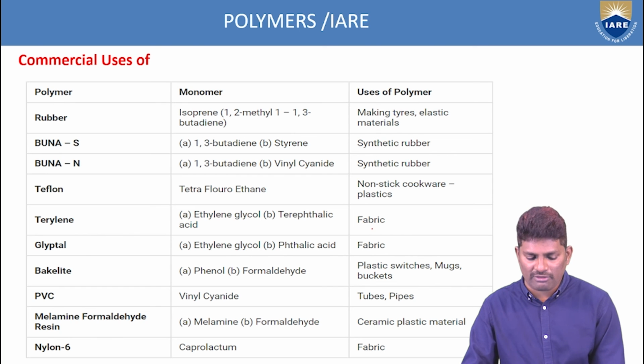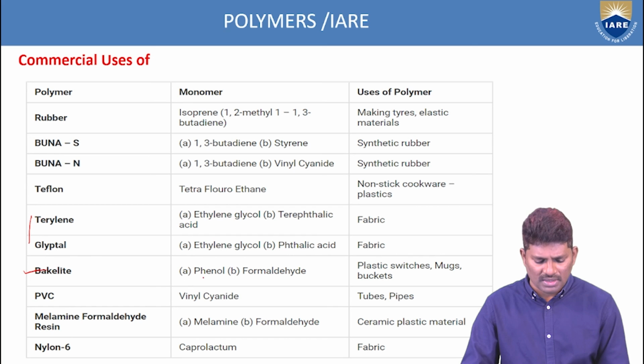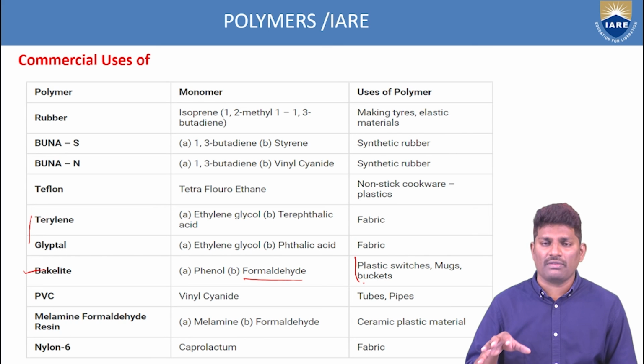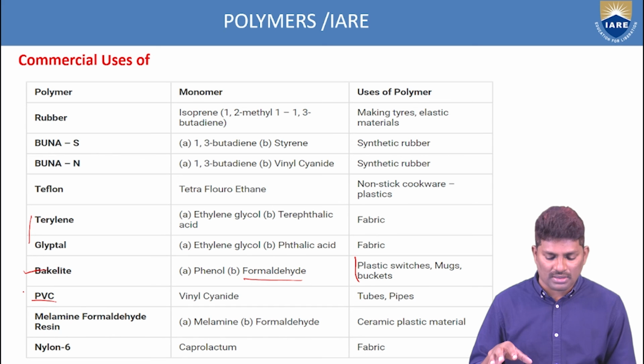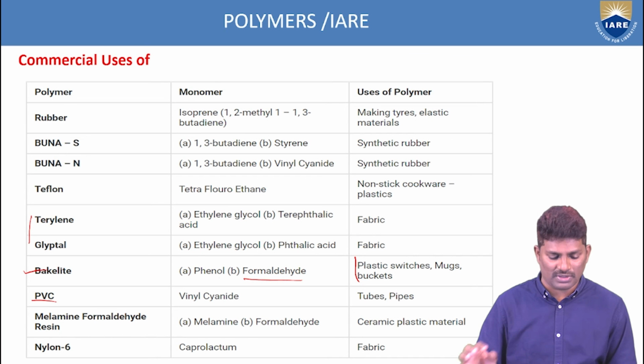If you want to make any fabric type of things, then you have to go with these two categories, Terylene and Glyptal. And bakelite, which has phenol and formaldehyde, is used for plastic switches, mugs and buckets, all these things wherever you see. These are prepared with bakelite. And PVC, wherever there are tubes and sewage pipes, all these things can be manufactured with PVC.